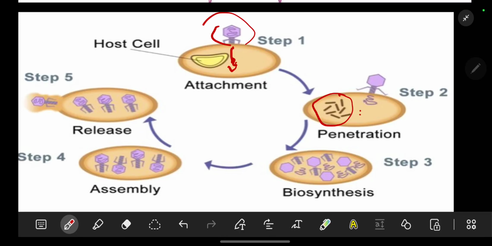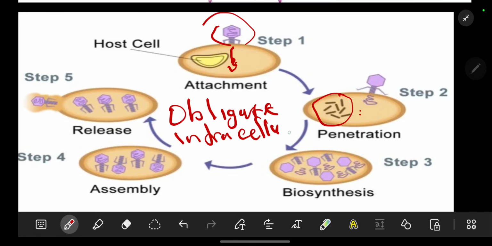The other property that we can look at is that viruses are referred to as obligate intracellular parasites. What does this mean?